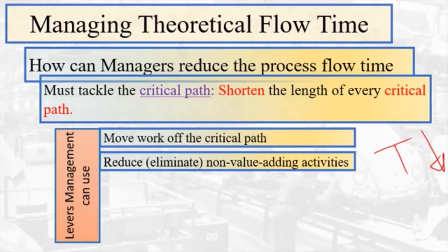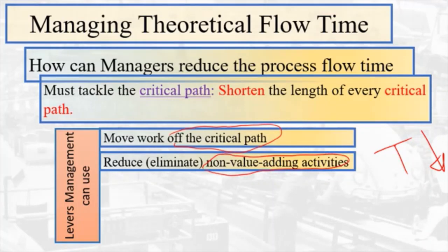And there are many things we could do. First is to move work off of the critical path. We know the critical path is going to take the longest, so try to move work from the critical path to other paths, and that's going to shorten the overall time of the process.